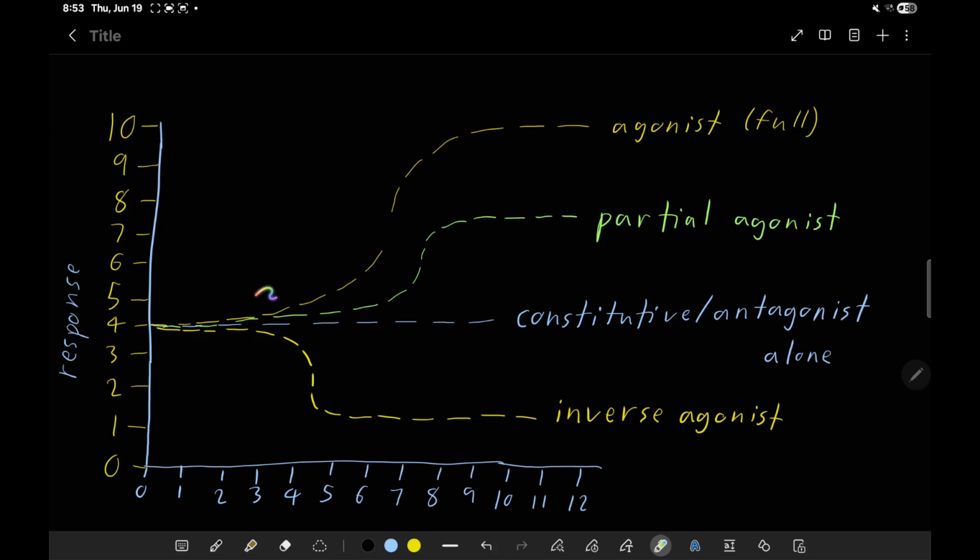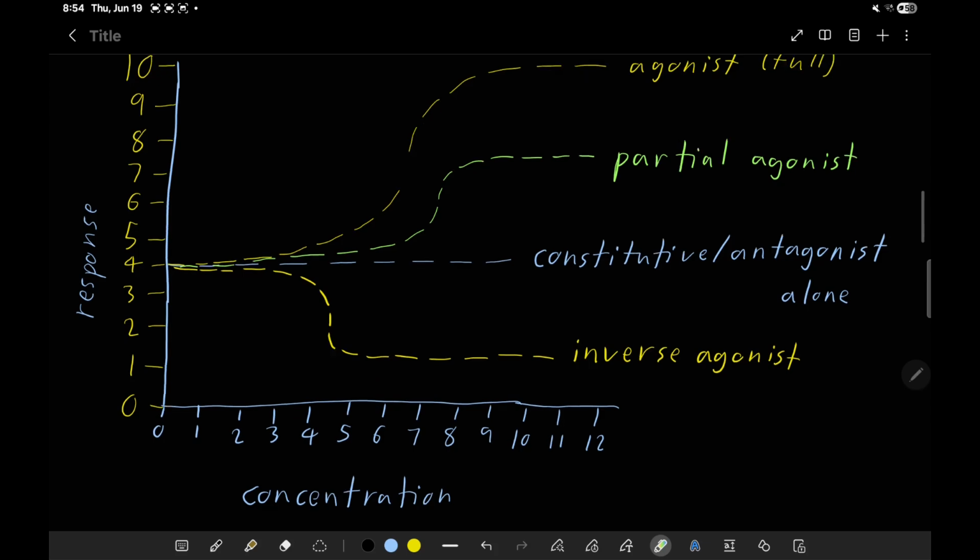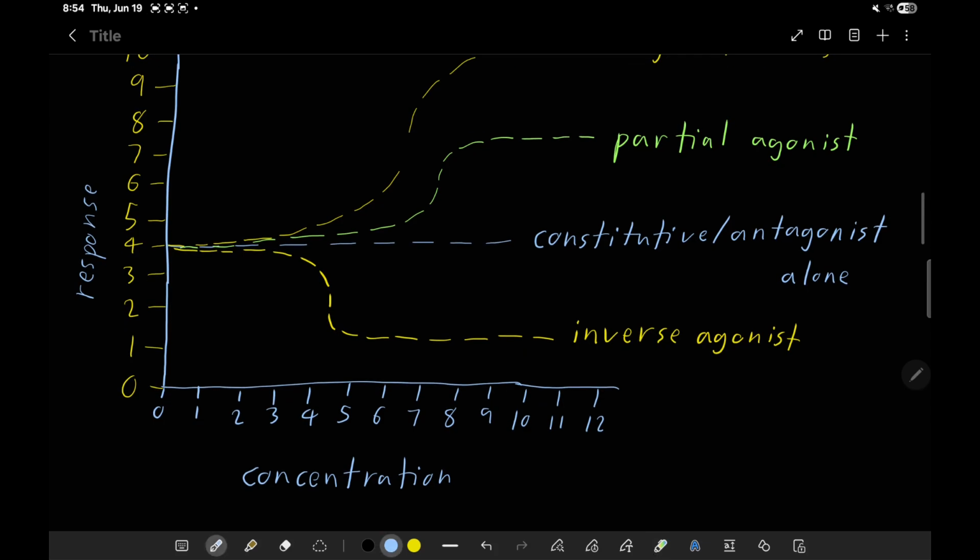Just like your agonists have a cap of the max response they can produce, the inverse agonist has a cap of the minimum response it can produce. It cannot go any lower than this. Maybe you can find a stronger inverse agonist that has an even lower response. Maybe it goes something like this. It can get really close to zero, but it cannot quite get to zero. It cannot completely eliminate your cell's activity.